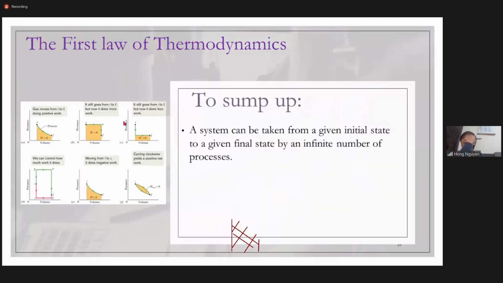Here, to sum up, a system can be taken from the initial state to a given final state by an infinite number of processes.